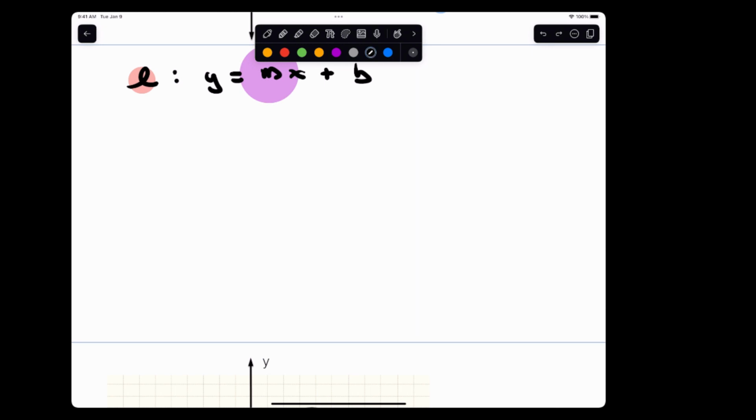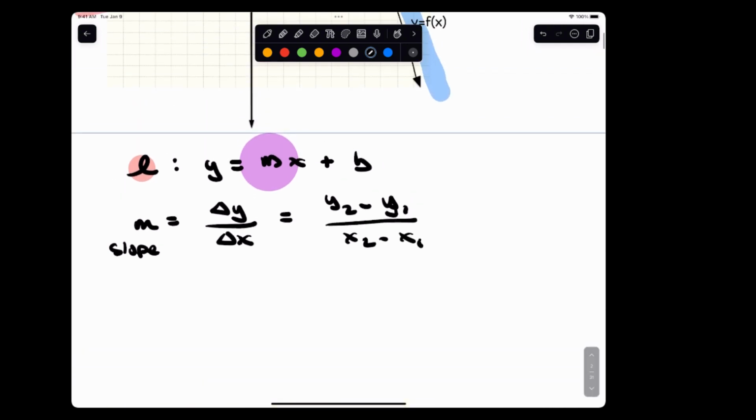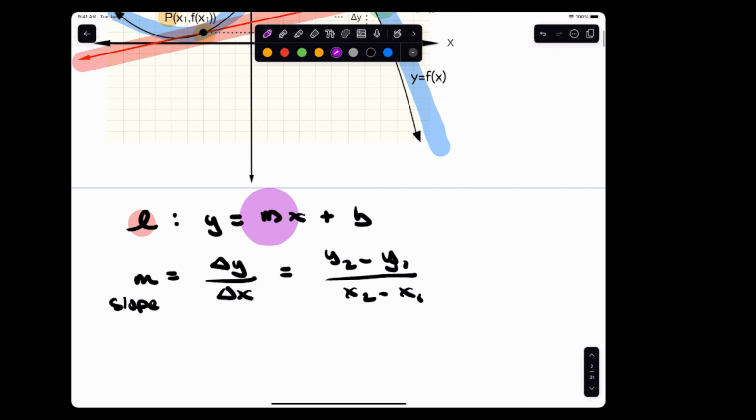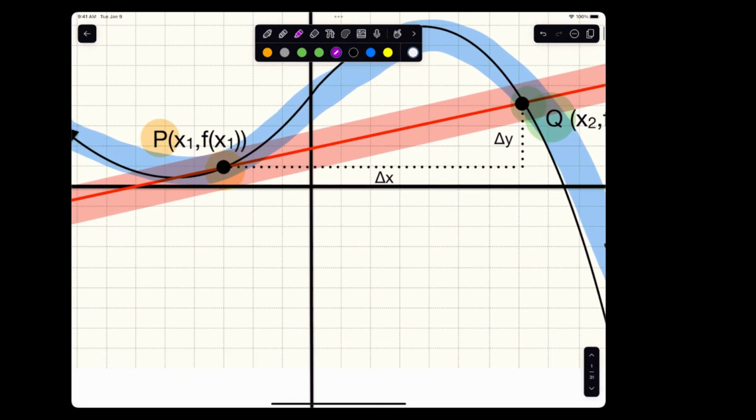Good. M, yes, that's called the slope, and that's the change in y value divided by the change in x value, which is also y2 minus y1 over x2 minus x1. So this goes back to beginning algebra, where m, you guys are right, is the slope of that line. Good. There's your m. And then you say, well, where did I get these coordinates?